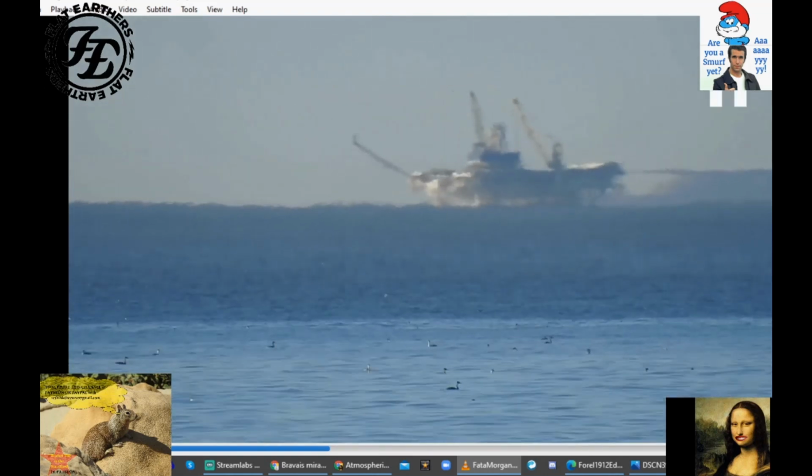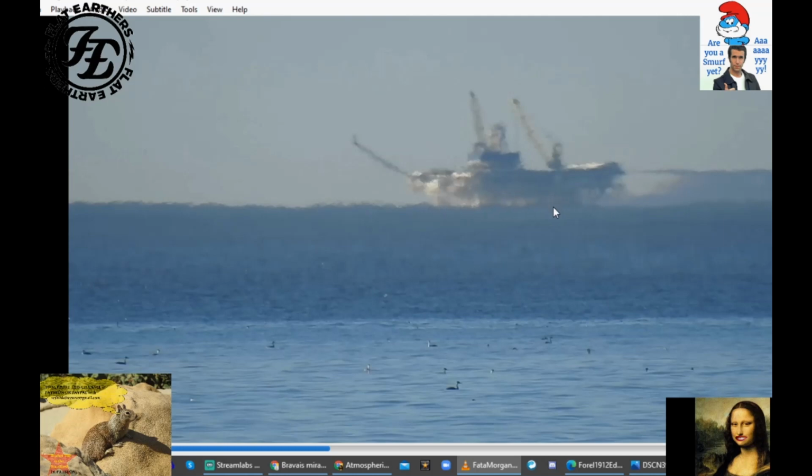So now we have, again, this platform. If we saw this with our naked eye, we would have no problem thinking this is where the platform is, but the platform hasn't moved. What's changed is the water beneath it has now filled in. Before, this was all a stretched image of the base. The base is all right here. Everything in front of you with this platform is all right here.